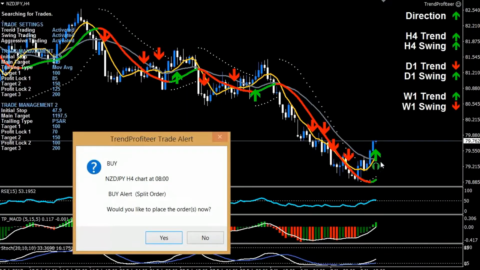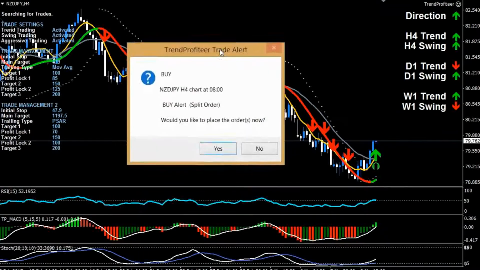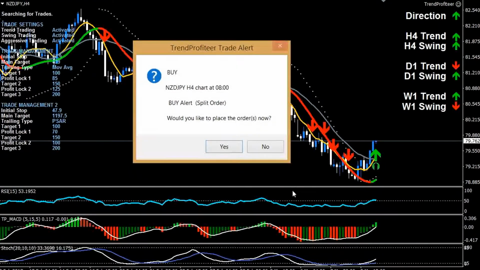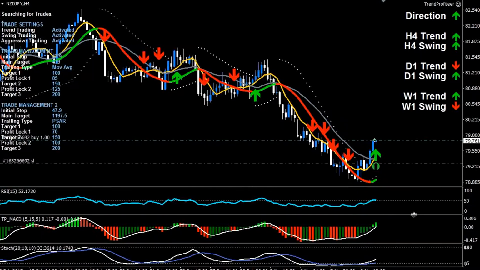Now, previous to this, it was down, and it was showing as down. Then it went to a bi-directional, and now it's showing an up direction with 4 out of the 6 higher time frame indicators saying that there's every likelihood or a high probability of this trade going up. So I'm going to just take this trade right now, and there you go.